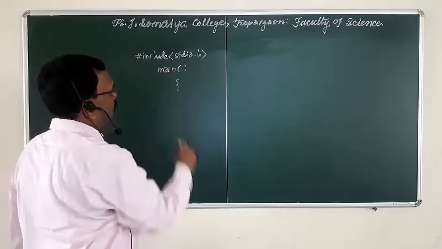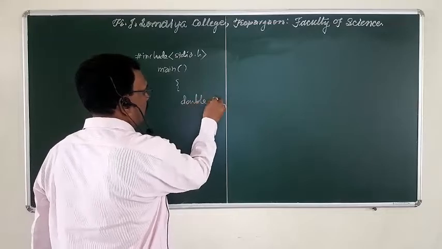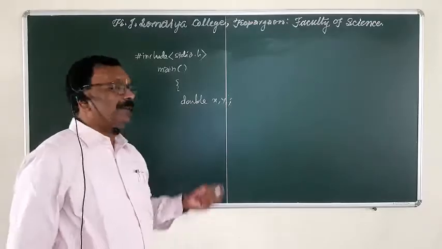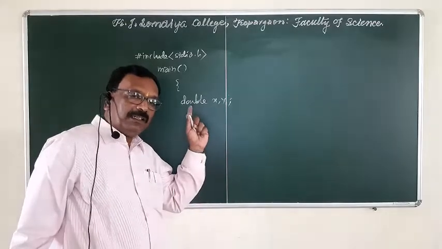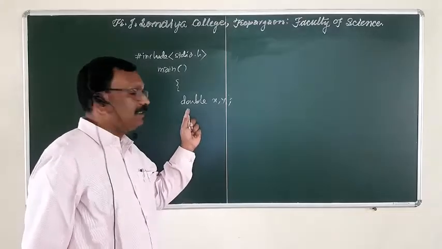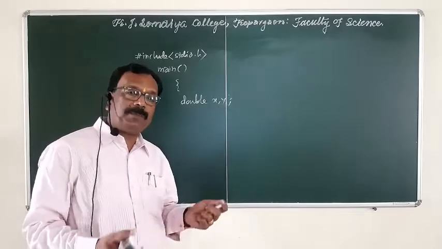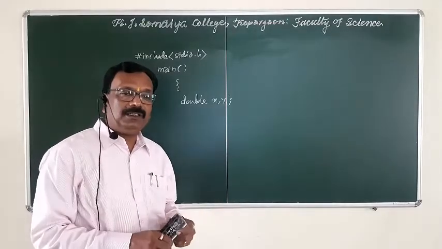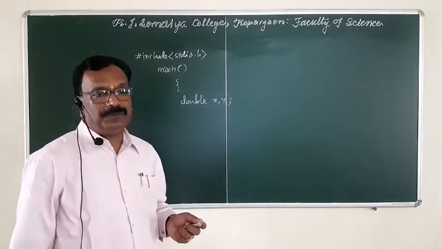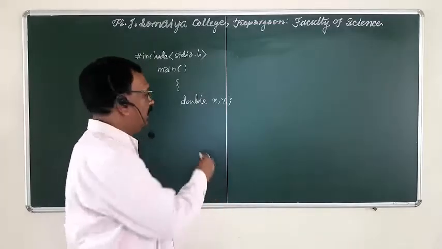This is the body of main, starting by opening brace, then double x and y. We are going to use two variables which are neither integer nor float, but double. That means double the capacity of float. For double the capacity of integer, we use long integer.